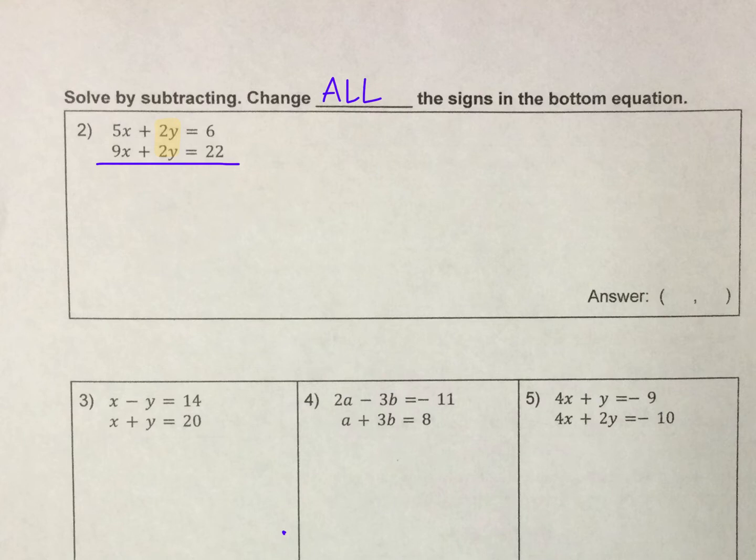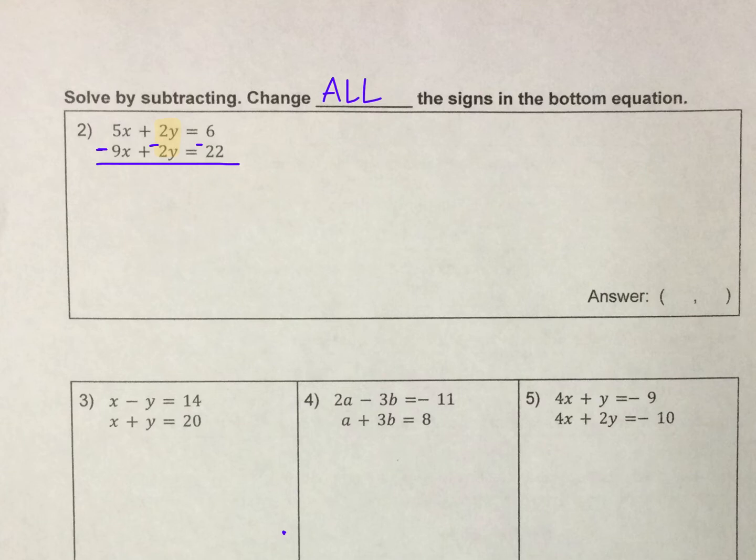In Happy Math Land, there's this wonderful little rule that if you change everything in an equation, like all the positives and negatives, it stays legal. So if I need this guy right here to be a negative 2, then I also have to make the 9x negative and the 22 negative. And now I can eliminate.